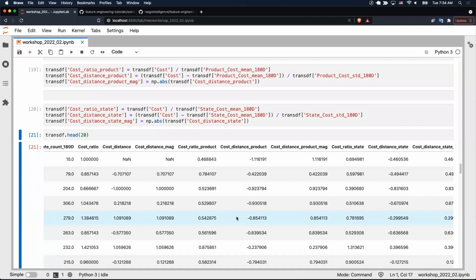So I'm deliberately stopping that rolling window a day before. So it's 180 days up to yesterday. Well, in my very first transaction for a product or for a state, there are no transactions in yesterday or before. Well, if there are no transactions, it's going to be missing. So that's why it's missing.